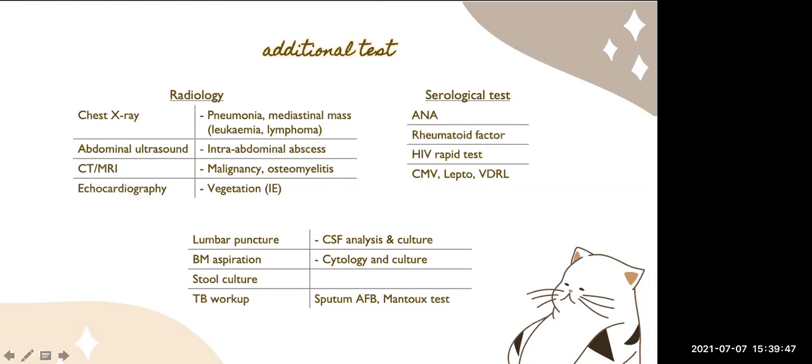If we suspect any neurological problem, we do lumbar puncture for CSF analysis and also culture. And if we suspect leukemia, we do bone marrow aspiration. And if we suspect autoimmune disease such as SLE or JIA, we can do serological tests.